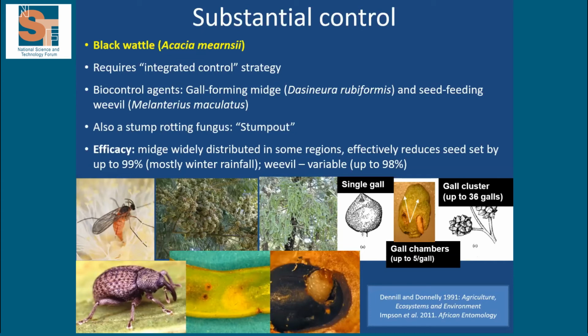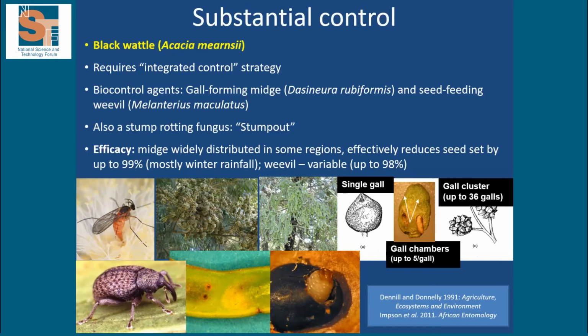It's a tiny little fly, and it acts in much the same way as the wasp does on Acacia longifolia and golden wattle, in that it lays its eggs in the flowers of black wattle, and instead of those flowers forming really dense seed pods, as you can see in the middle of that top row of images, it forms these really dense galls or gall clusters, which is the image directly to the right of the midge. And each of these gall clusters actually houses several dozen midge larvae.